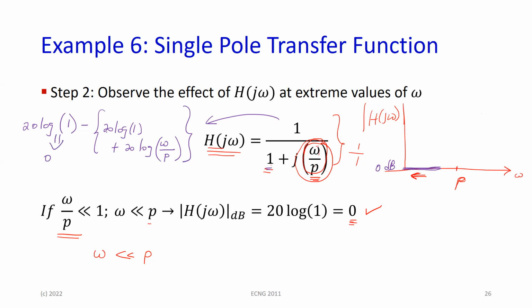Same way, this 20 log 1 here is also 0. So in other words, this whole thing in terms of decibels is just simply minus 20 log omega over P, which is minus 20 log omega minus 20 log P. Yeah?